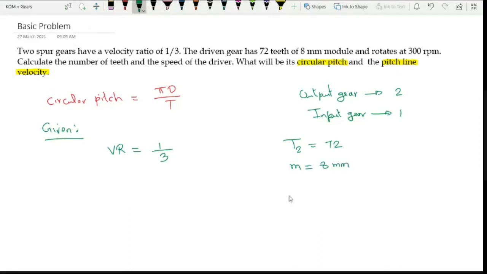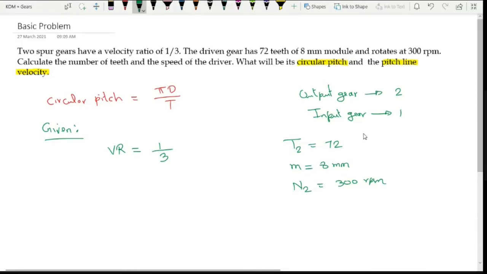The driven gear speed is 300 RPM, which is N2. Now they are asking for the number of teeth and speed of the driver.